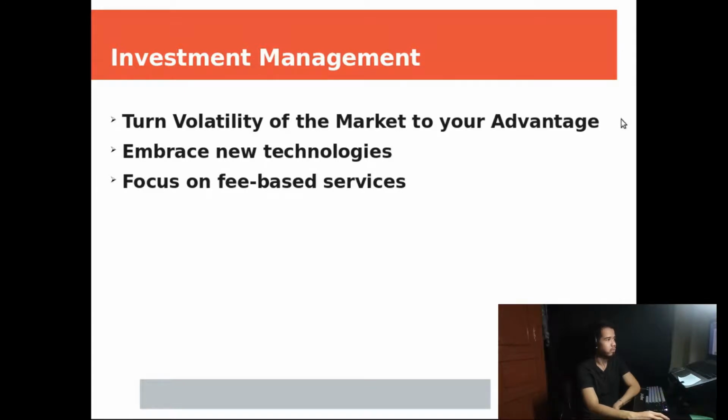Next is embrace new technologies. Of course, every time new technologies are rising, your company should study them, since they make jobs easier and work more efficient. Focus on fee-based services. This is for your investor relations as well.